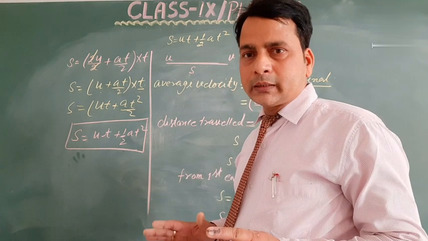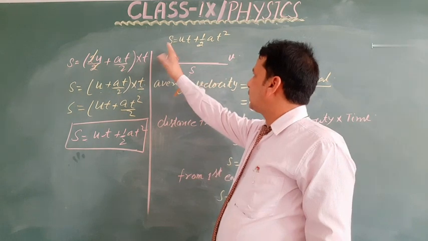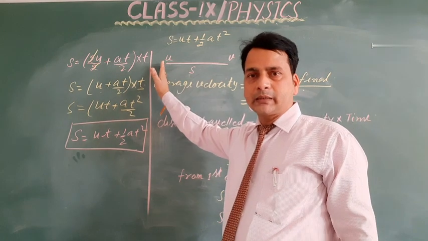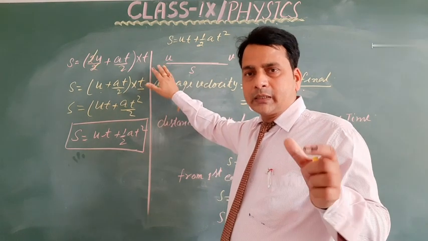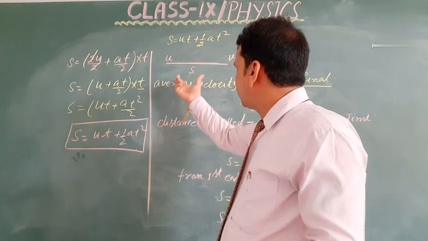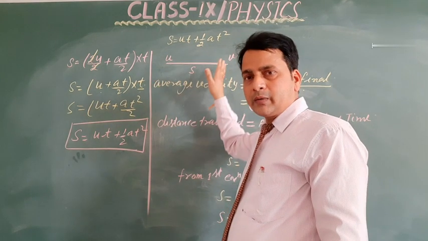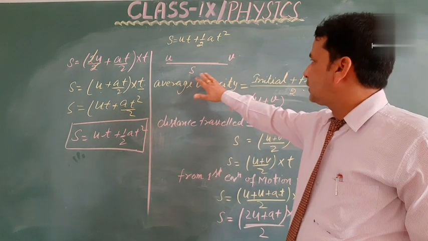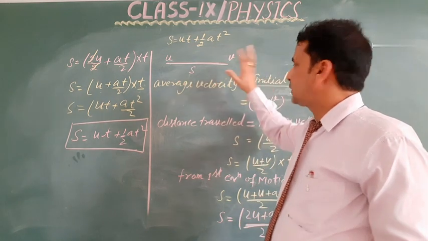Suppose a moving object has initial velocity u. After time t, the distance traveled by the moving object, it has final velocity v.